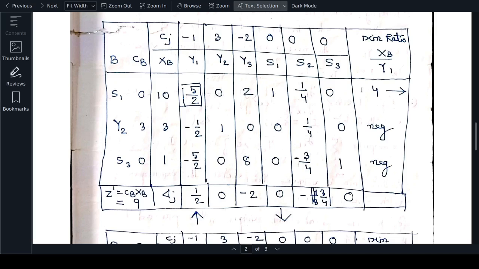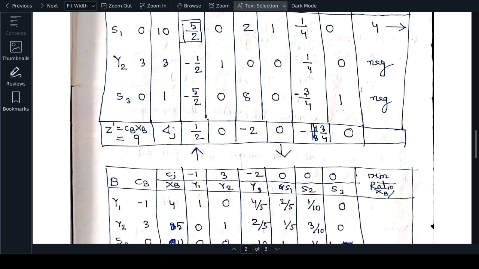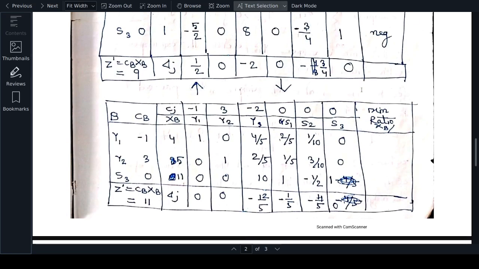So next you see, here we find out the new table. Third table you see. So in the third table, here which one will be outgoing? Which variable will be out?